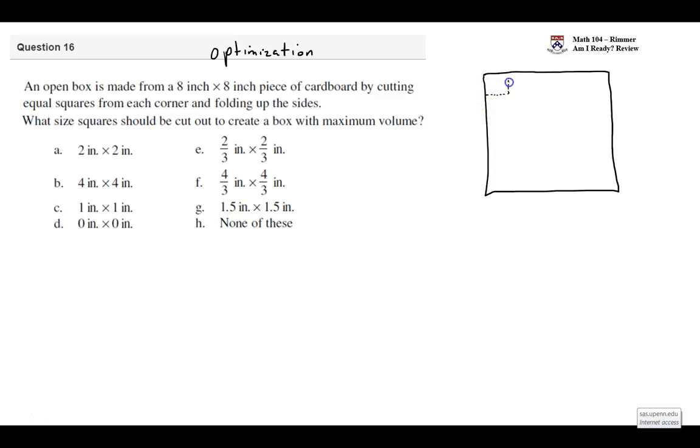Let's do dotted lines for cutting squares. So we're going to assume that each one of these guys are identical, although in my picture it might not look like it. And we're going to cut those out and then fold up the sides.